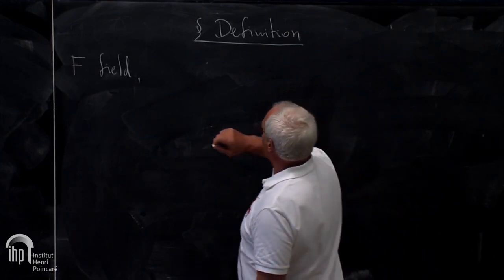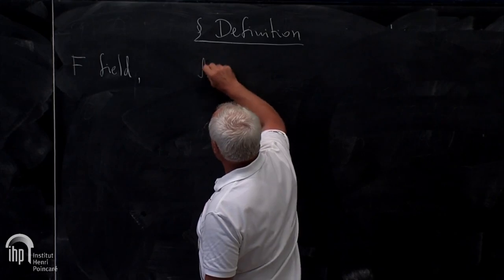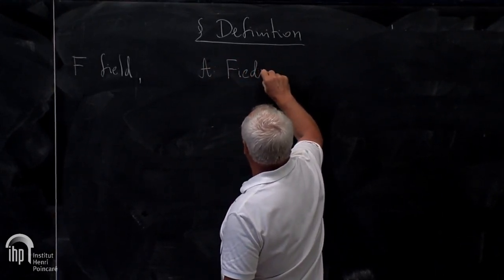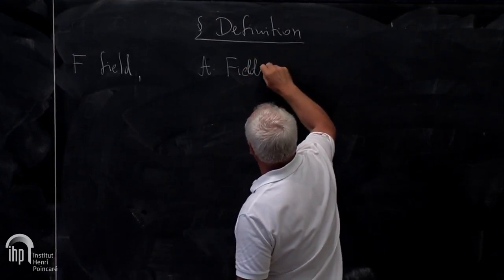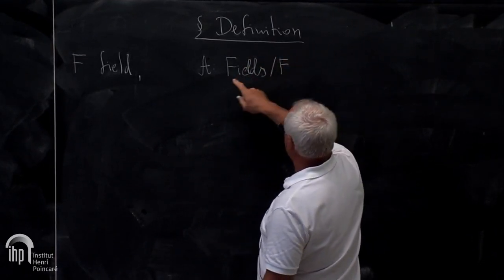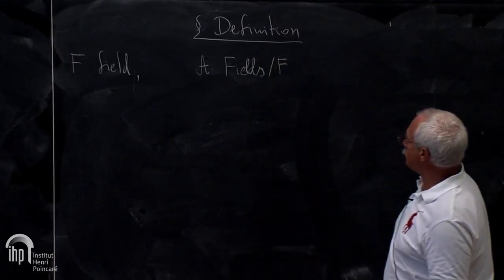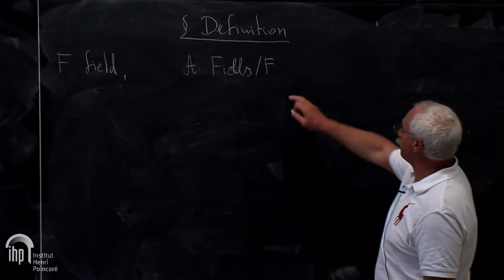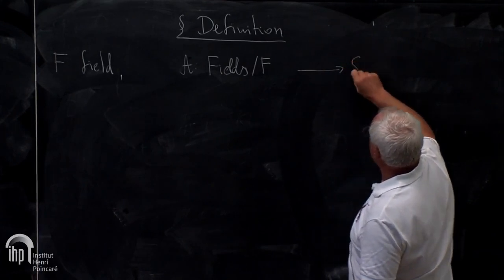In other words, we consider a functor A from the category of field extensions of F, so objects are arbitrary field extensions of F with homomorphisms over F, to the category of sets.